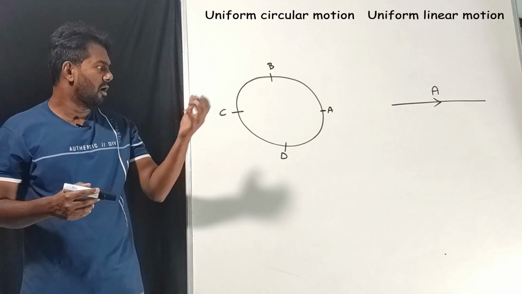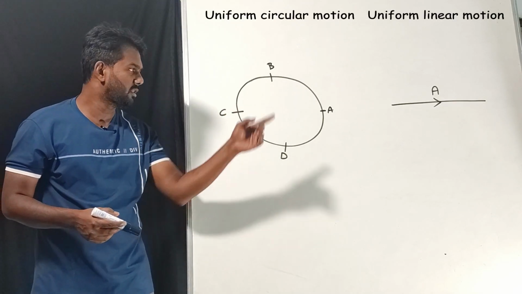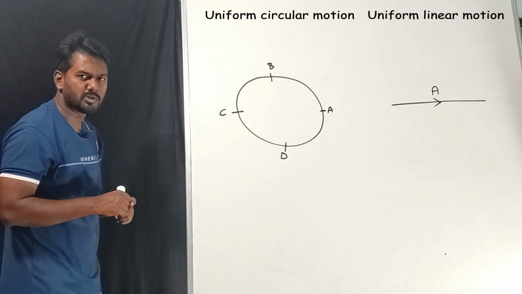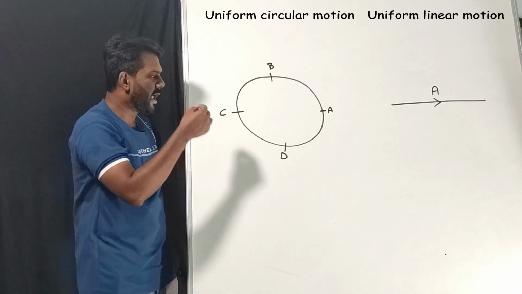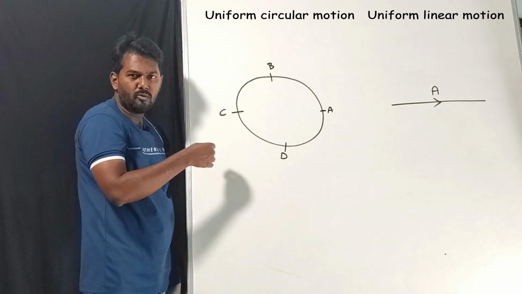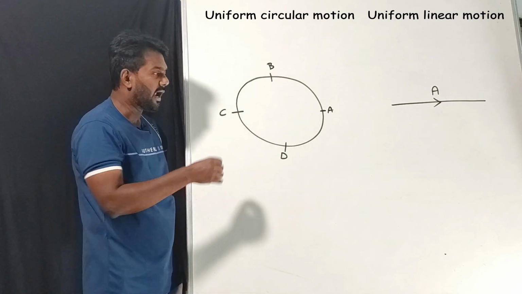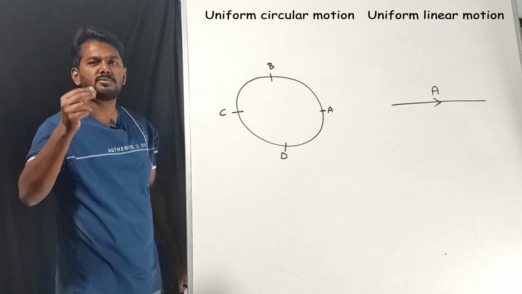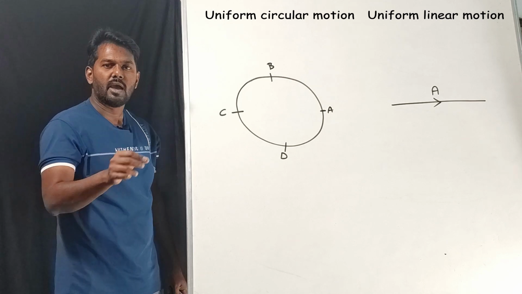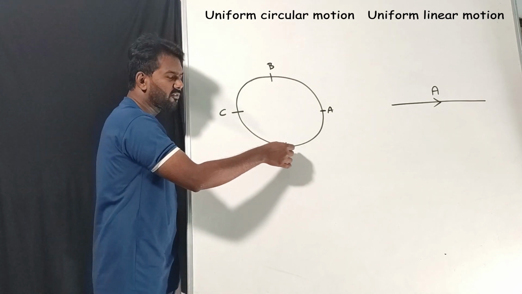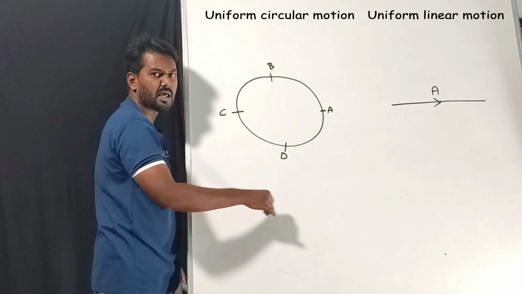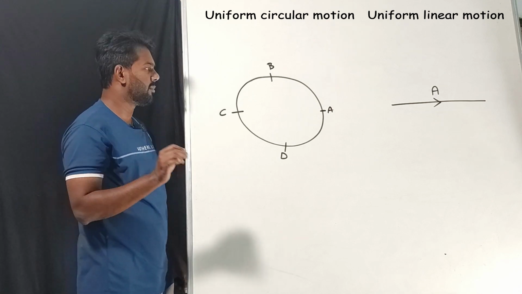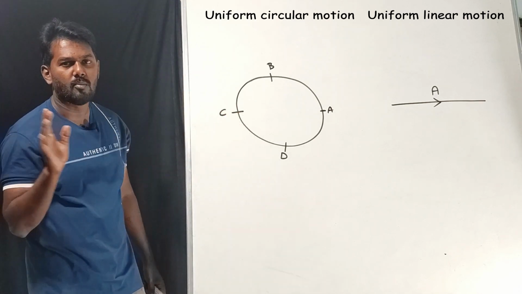First we learn what is uniform circular motion, then uniform linear motion. What do you mean by uniform motion? Any object moving with the same speed at any point of time is called uniform motion. What do you mean by uniform circular motion? In the same way, any object moving with the same speed in a circular path is nothing but uniform circular motion.